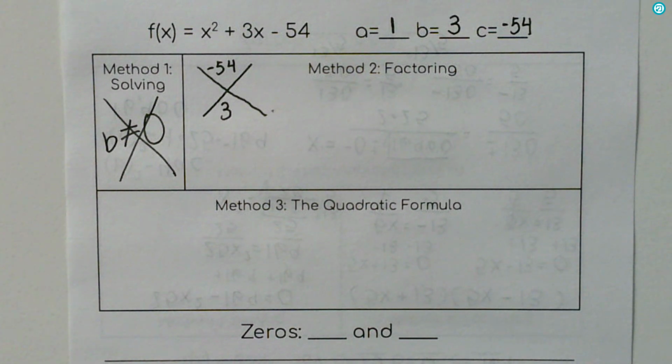Take a second to see if you can find the numbers that multiply to 54 and add to 3. Any luck? What are they? 6 and 9. Okay.